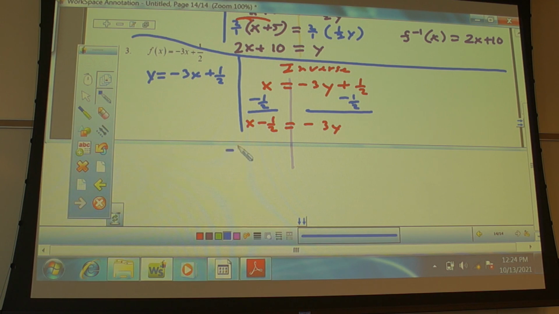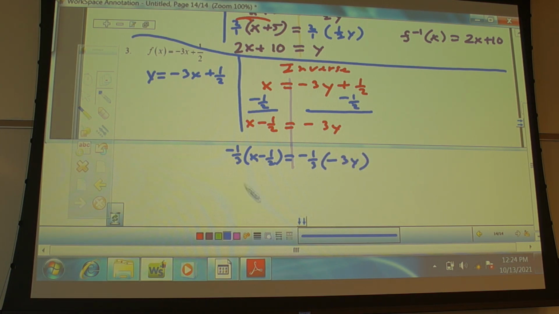So negative 1/3 times x minus 1/2 is equal to negative 1/3 times negative 3y. So this side is pretty straightforward, that's y. But this other side we have to distribute this in. So the first part, negative 1/3 times x is just negative 1/3 x. That's easy.